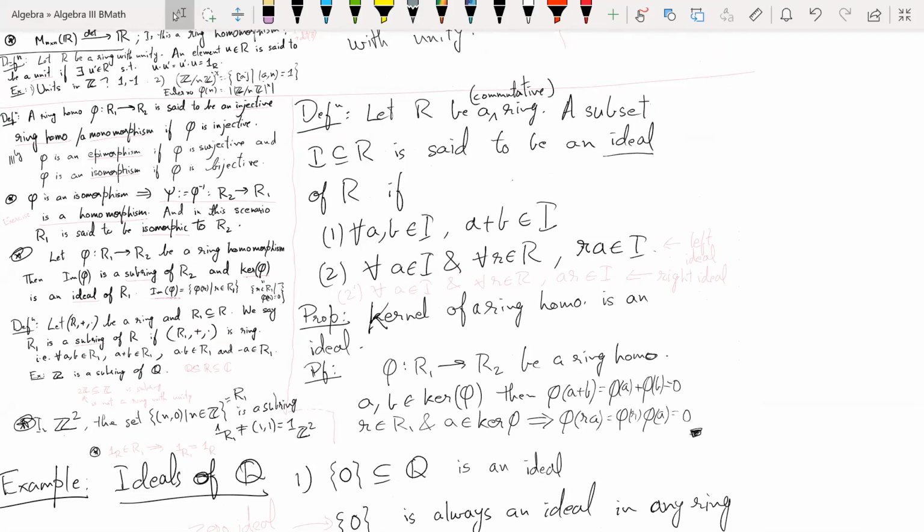Because -1 belongs to R, so -a belongs to I. Yeah, -1 might not be there in the ring itself; it might not be a ring with identity. So here we'll assume that the ring is with unity.